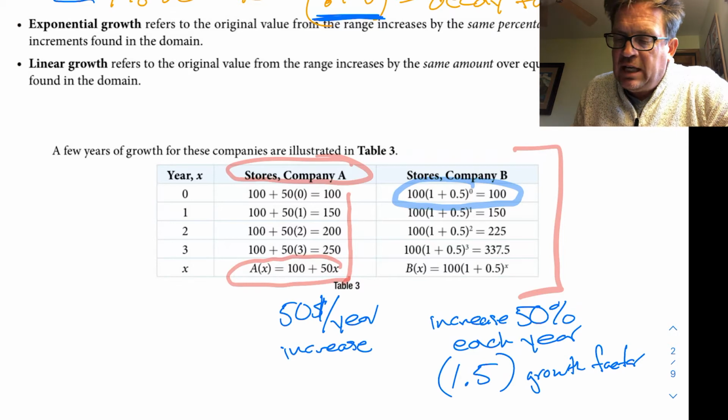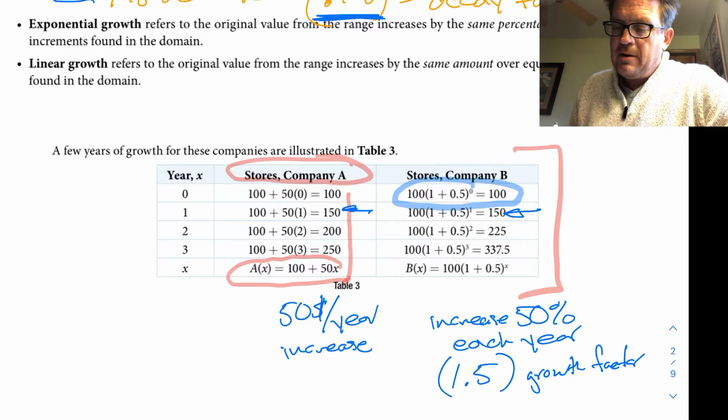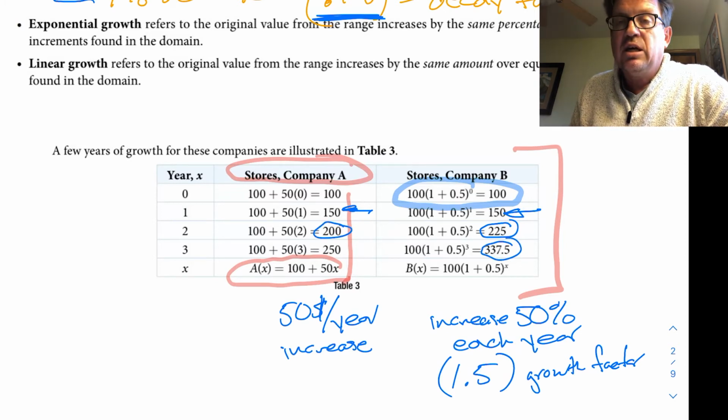And so in these two examples, that first year, they both gained 50 sales or whatever the idea is. Then they're up to 150. But by the second year, they've gained 50% of that larger amount. So they've gained more than the first company. And that exponential growth, because it's increasing on the increase, grows faster and faster and faster.